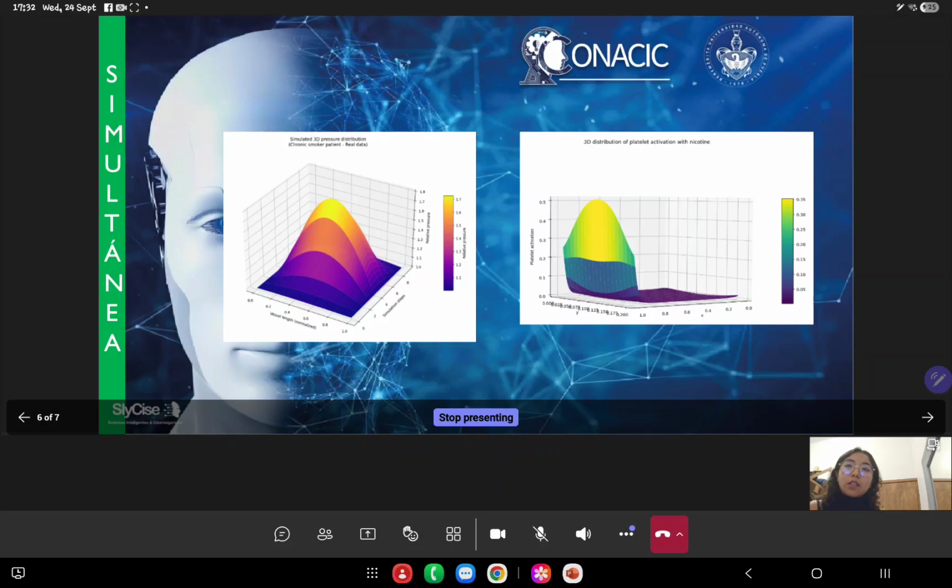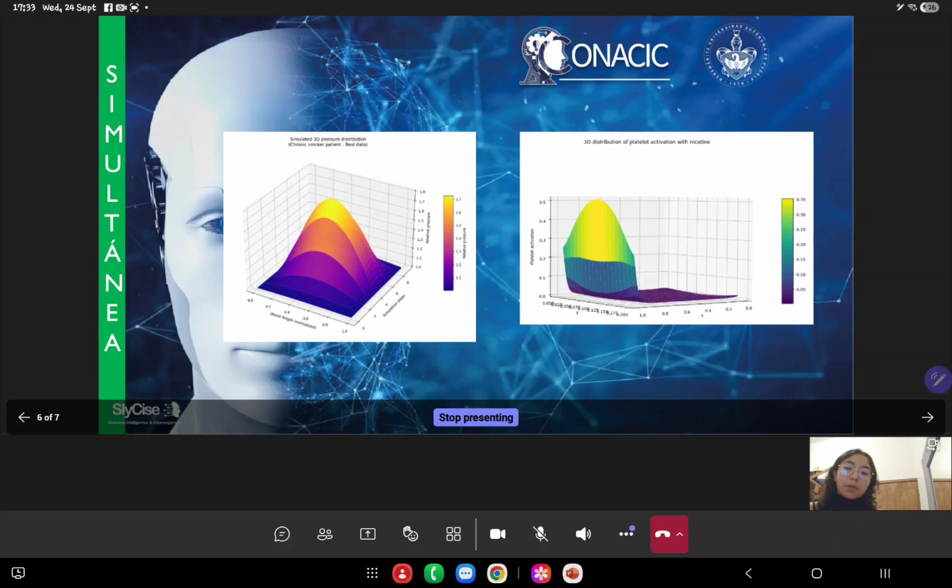When we compare these results with the clinical results, we found consistency, which validated the accuracy of the simulation that I showed you in the slides. This suggests that the computational model can effectively reproduce a real physical difference between smokers and healthy subjects.